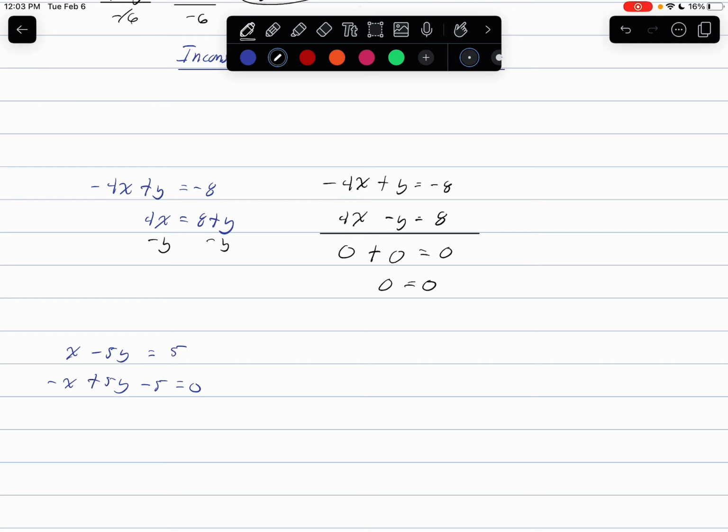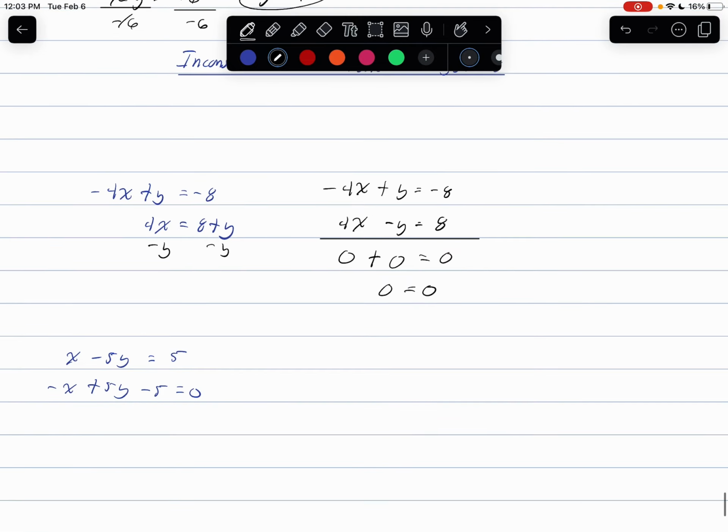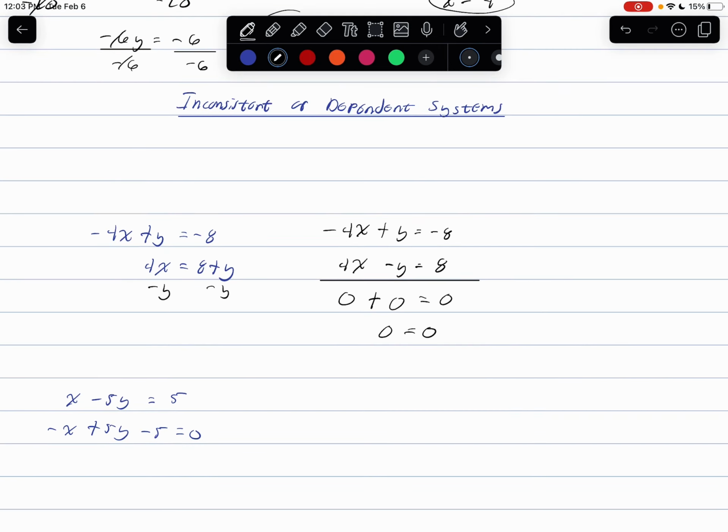Okay, so if you do some process of elimination, or you do substitution or something, and you end up with 0 is equal to 0, or some true statement like that, y equals y, x equals x, 5 equals 5, doesn't really matter. Some kind of true statement where you've eliminated all the variables, you will say that these two equations are dependent, okay?